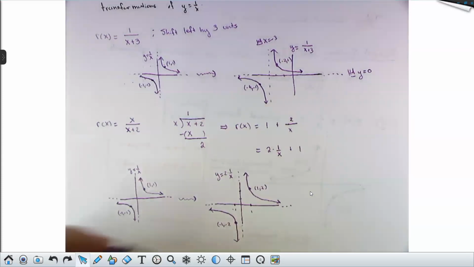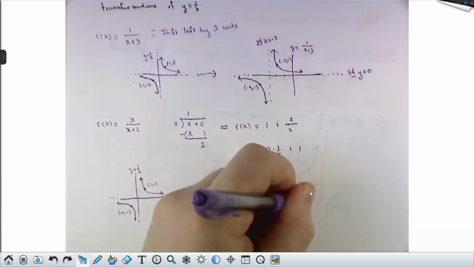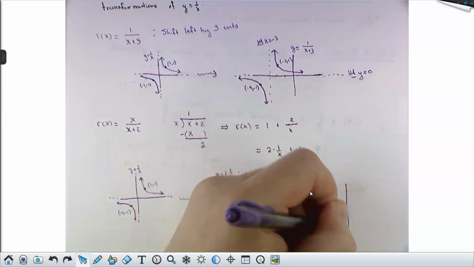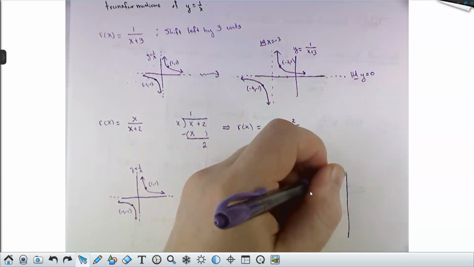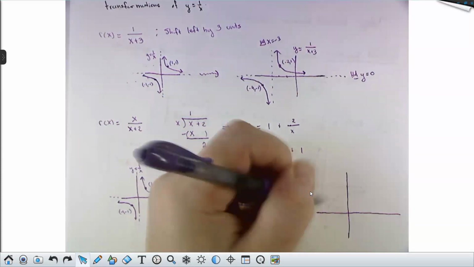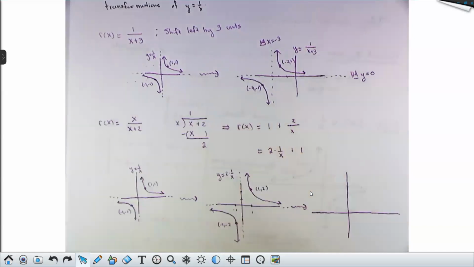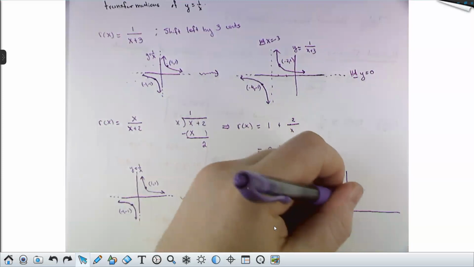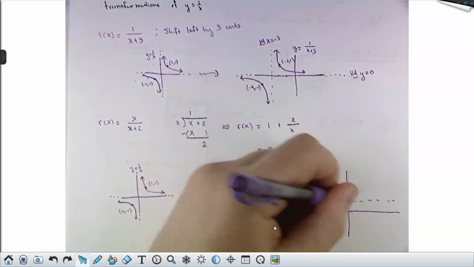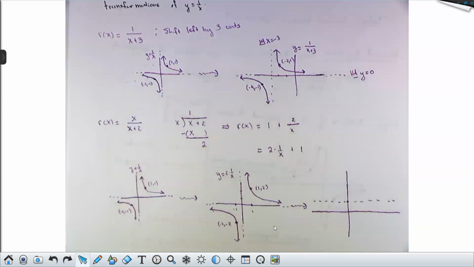And now if I want to finish things, I need to shift everything up by 1. Which one of my asymptotes will change when I shift everything up by 1? The horizontal asymptote. Very good. Yeah, if I take this whole picture and I move everything up 1, then the horizontal asymptote is going to go from y equals 0 up to y equals 1.